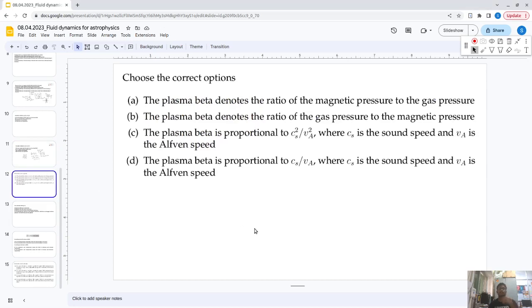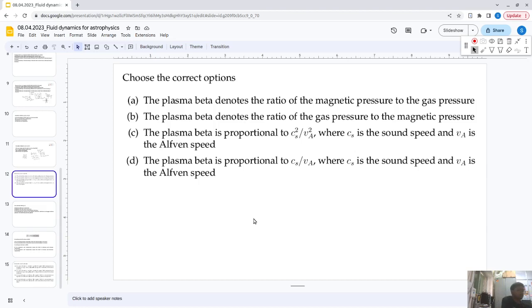Now if we go to the next question, it is about the plasma beta. How do we define a plasma beta? Is it the gas pressure by magnetic pressure?